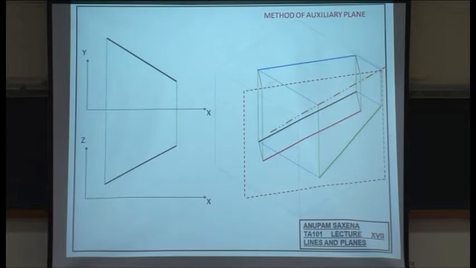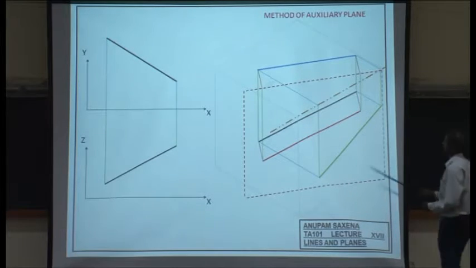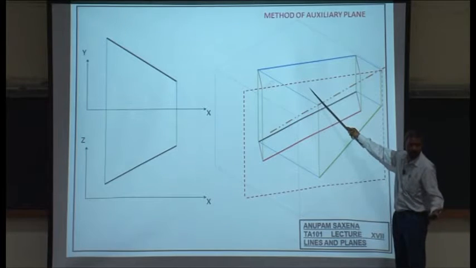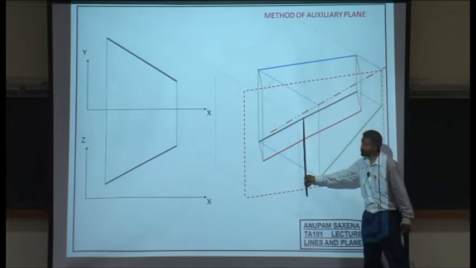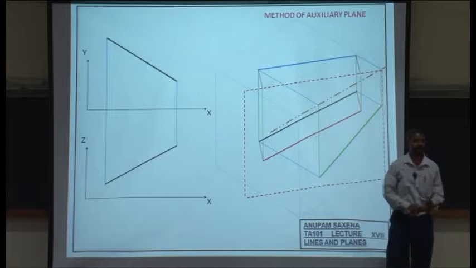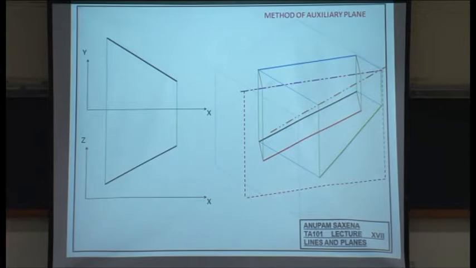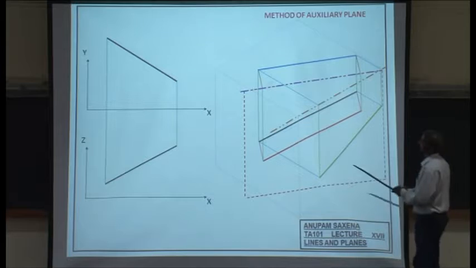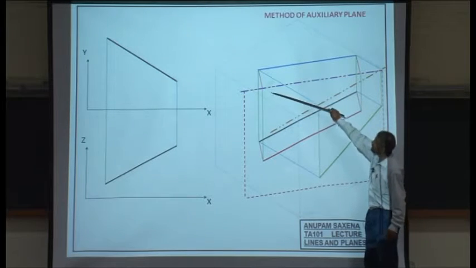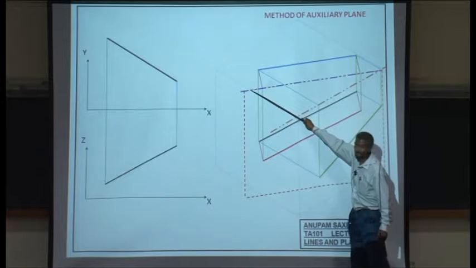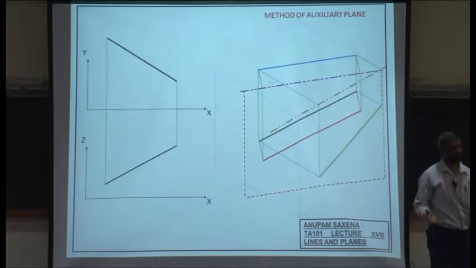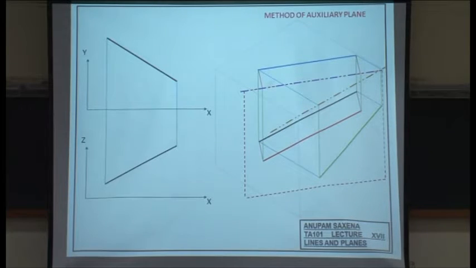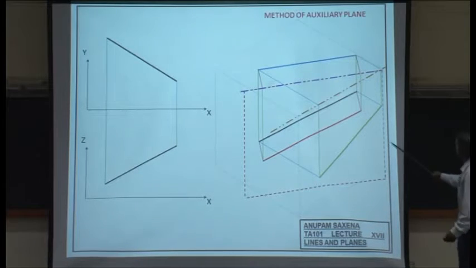What I would want to do is, once I have located this plane in some way, and this plane is inclined to both the vertical plane and the horizontal plane, I would imagine that there is a plane here and there is a hinge line between, say, the horizontal plane and this plane. And just as what I do in case of orthographic views, I flip this, what I call the auxiliary plane, up. So this red plane is the auxiliary plane here.